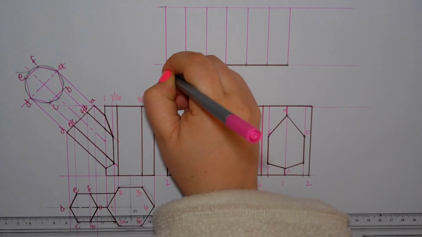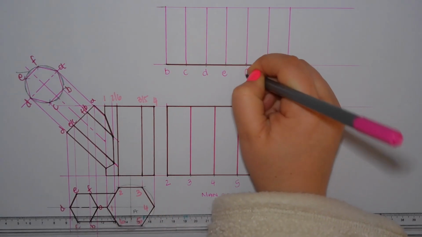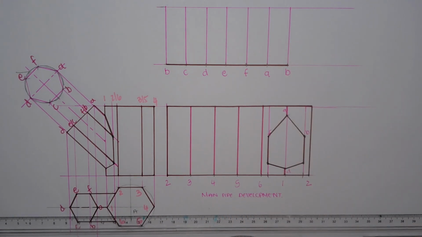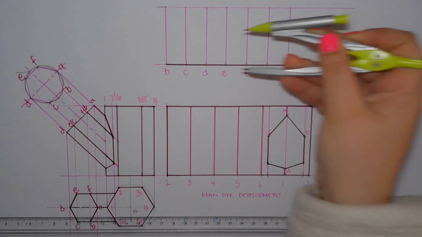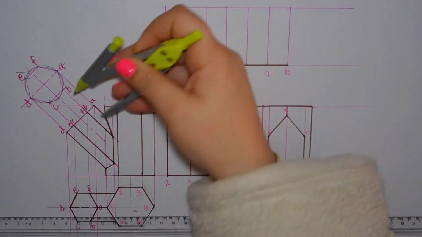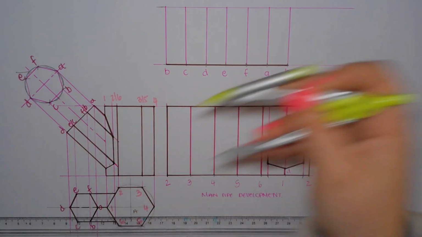So B, C, D, E, F, A, B. So what I'm going to do now is I'm going to go to line B, measure line B, plot line B. Go to A, measure A, plot A, E, plot E. I'm just going to continue like that.